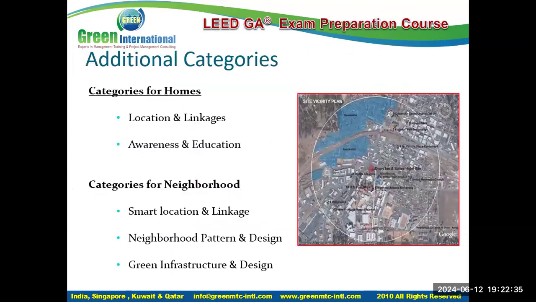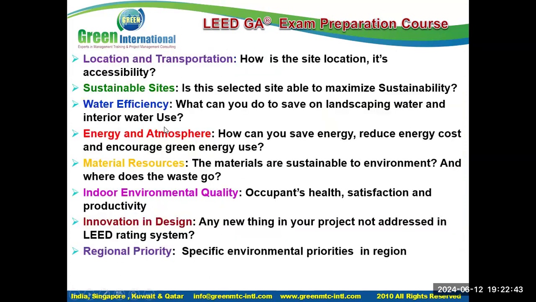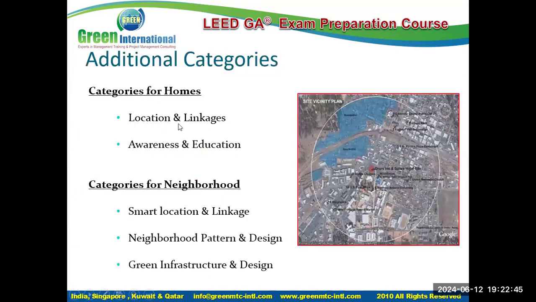There are additional categories for home and neighborhood. For home, you have location and linkages, and awareness and education. That's 2 more categories apart from the 8, for home. For neighborhood, you have smart location and linkage, neighborhood pattern and design, and green infrastructure and design, 3 additional categories.